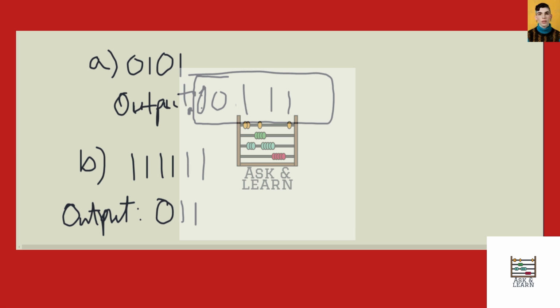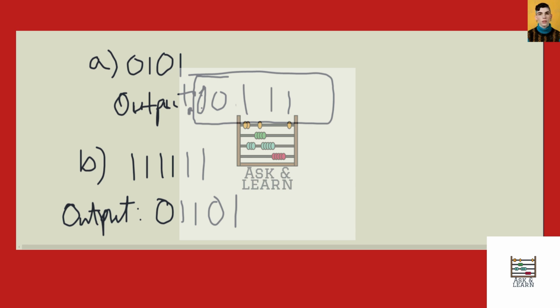And then our next input is a 1, so we're going to move from state S1 to state S0, and our output at S0 is 0. The next input is a 1, so we'll move from state S0 to state S2, and our output at S2 is a 1.